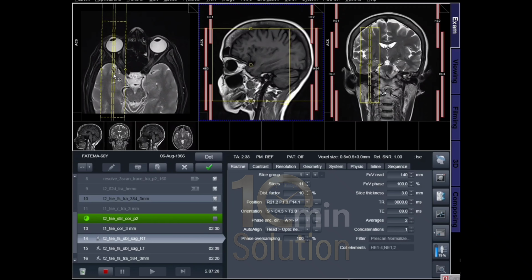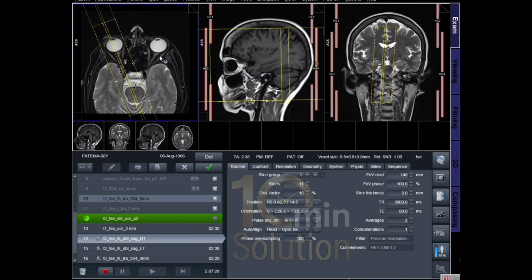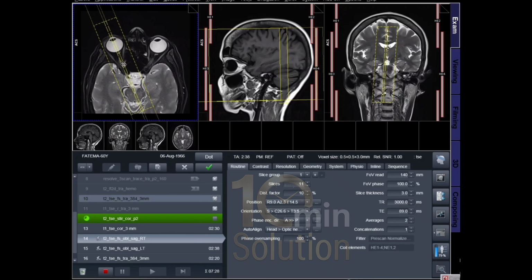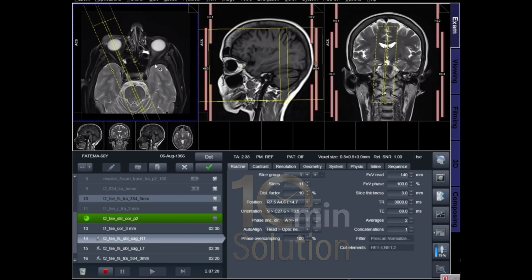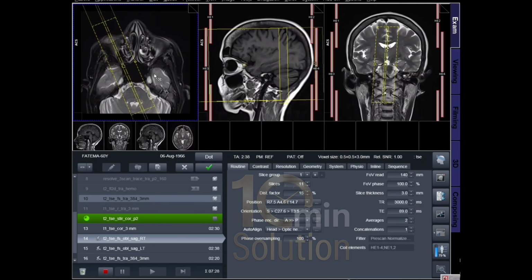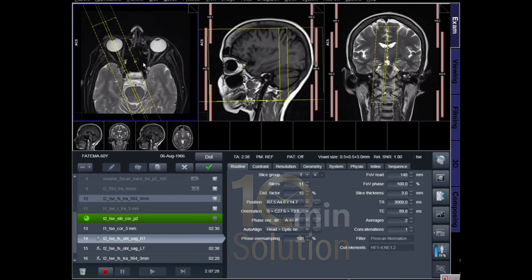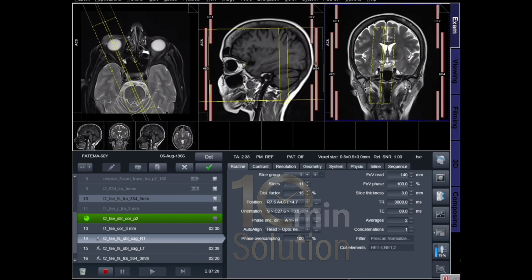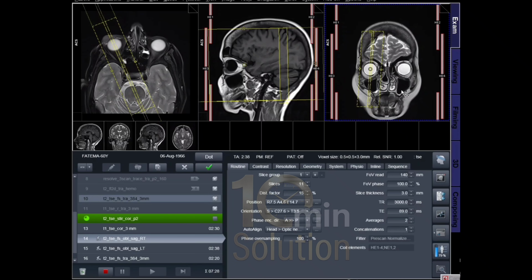Okay, and showing here the parameters. Okay, now I check the coronal image and set up the plan.